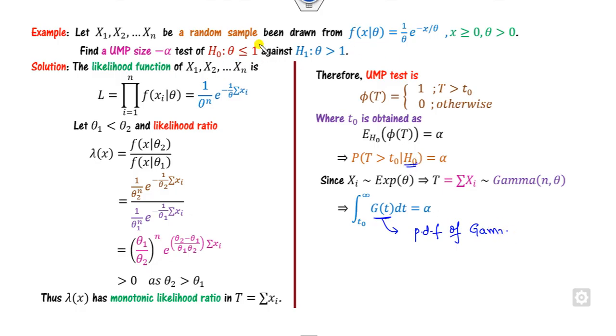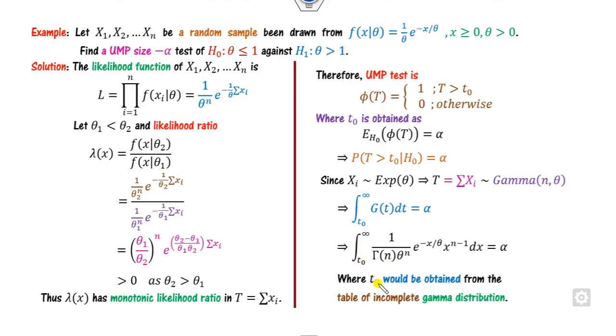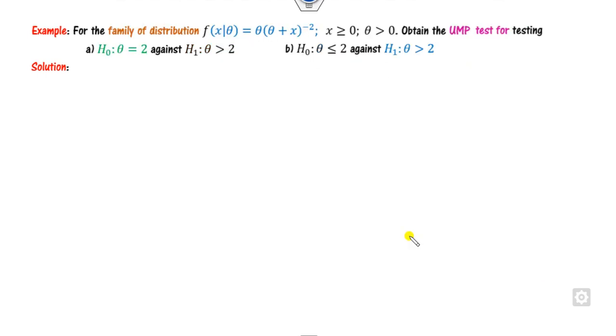What is h0 here? So we can substitute this value under this one. Again, this is an incomplete gamma distribution, so t0 is found from the incomplete gamma distribution table. Once you find it from the gamma distribution table, you can write it as this. Otherwise, you can skip here. That's also a fine statement from your examination point of view.